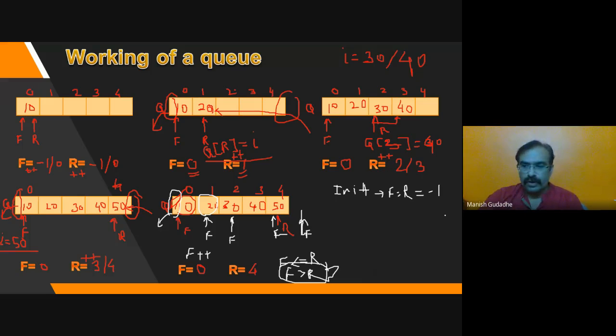Okay, there are no elements inserted till then. When we enter the first element, what are we going to do? F plus plus, and also we are going to make R plus plus. Both will be incremented so that both are going to point to the 0th element. Okay, that is the first element insertion.